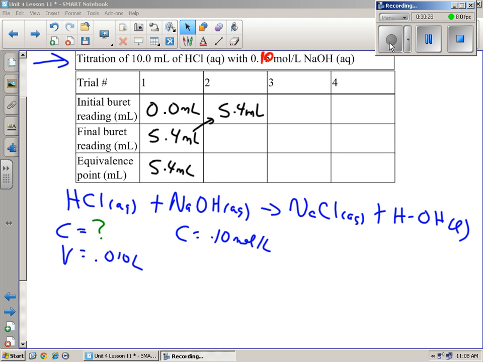Tomorrow, it's not going to be 5.4. It could be 10, 20, 15, 12 and a half, 30, or 40. It might take this entire tube. When you go to university, it might take you 3 tubes of this before you figure out the equivalence point. So you don't want to be going slowly, because you'll be doing that all day.